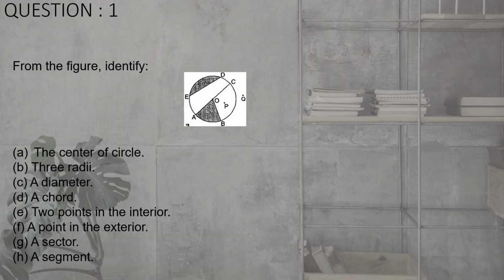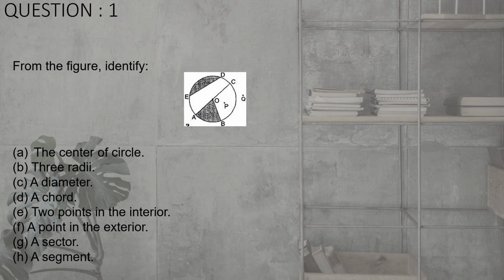So let's start. Question 1 is, from the figure identify the center of the circle. So the center is simply O. 3 radii. So 3 radii would be OC, OA and OB. A diameter. Diameter, I told you it passes through the center.